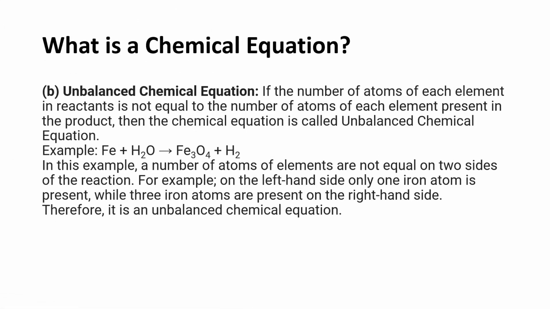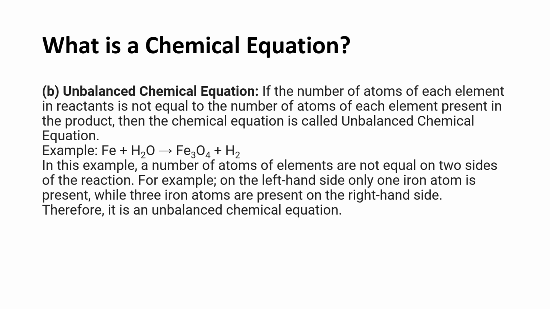Now let's look at the unbalanced chemical equation. If the number of atoms of each element in the reactants is not equal to the number of atoms of each element present in the products, then the chemical equation is called an unbalanced chemical equation. For example, Fe plus H2O gives Fe3O4 plus H2.